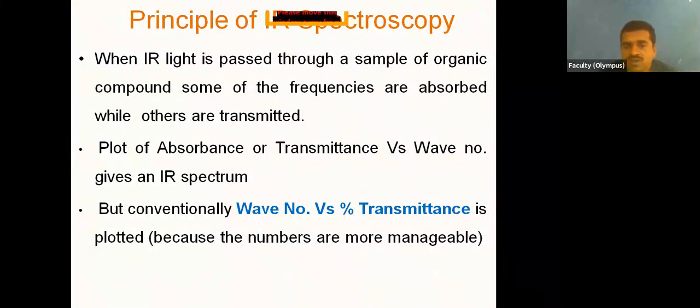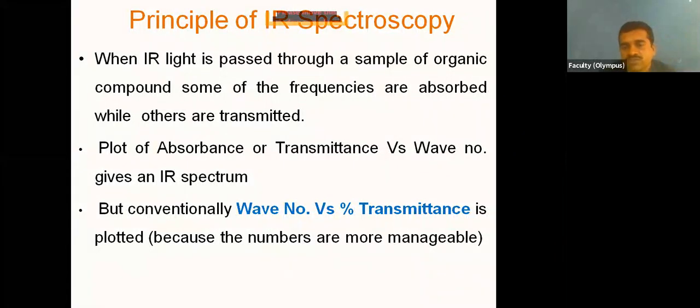Absorbance is 10%, transmittance is 90%. So in infrared spectroscopy, we plot a graph of transmittance versus wave number. Just like in UV-visible spectroscopy, we are plotting absorbance versus wavelength.